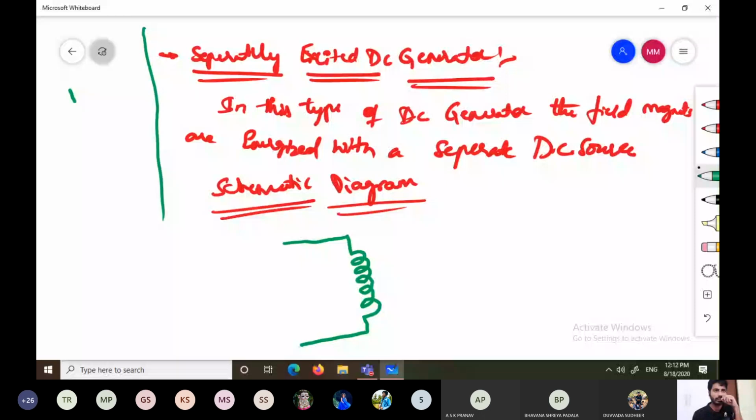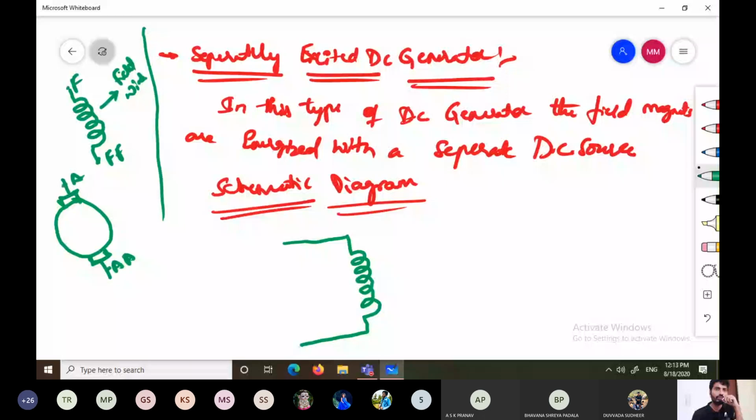On the circle there are two brushes, which are mounted on the commutator segments. This is the schematic representation of the armature winding, this is the way of representing the field winding, and this is the way of representing the armature. Okay, remember this. Now we will see a diagram for a separately excited DC generator.